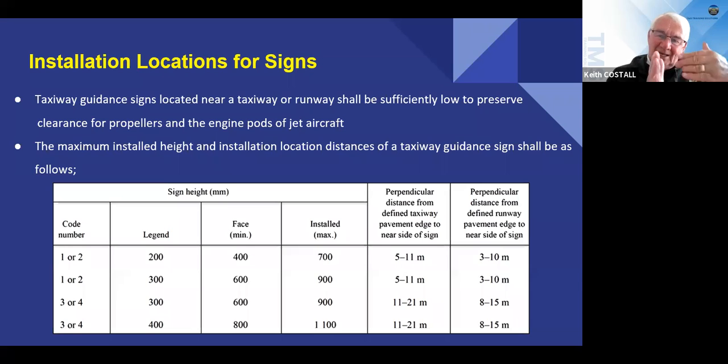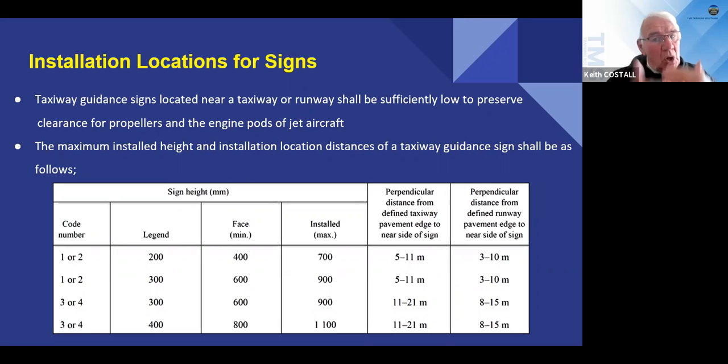Now, if they're at right angles to the center line of the taxiway, then surely in the modern jet aircraft, if those jet engines are hung off the bottom of the wings directly in line with the guidance sign, then blasting air perpendicular to the fascia surely would create more potential damage.